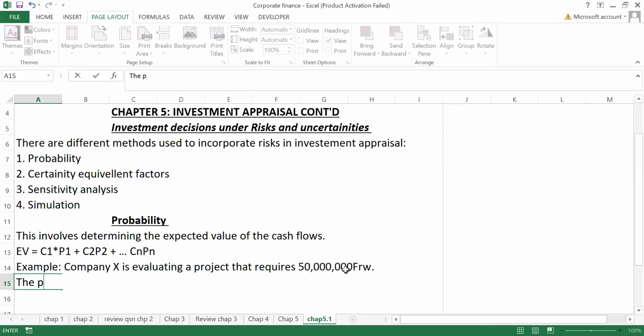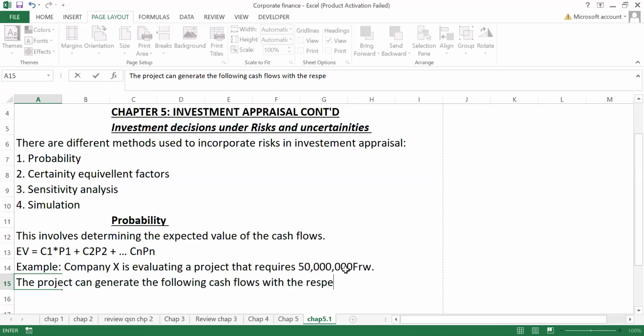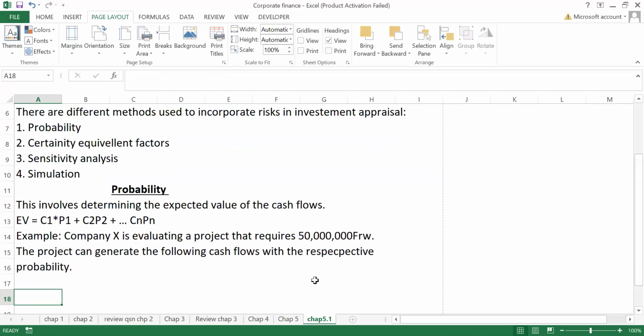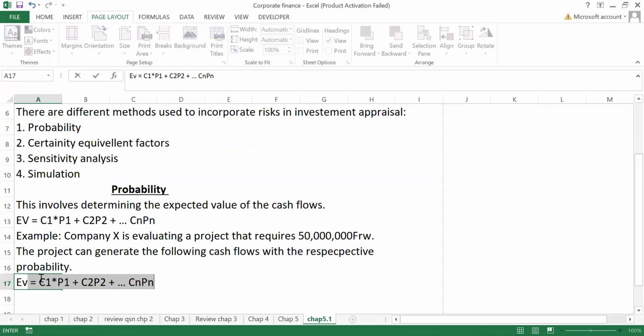The project can generate the following cash flows with respective probability. So maybe these are economic conditions.